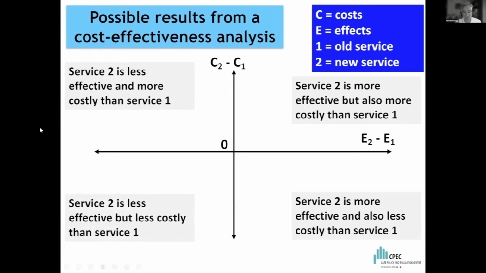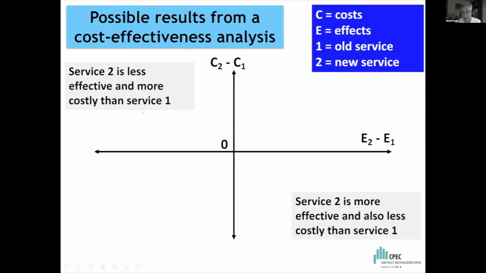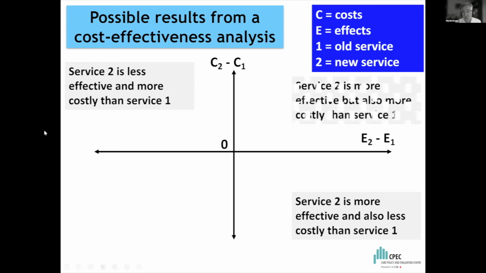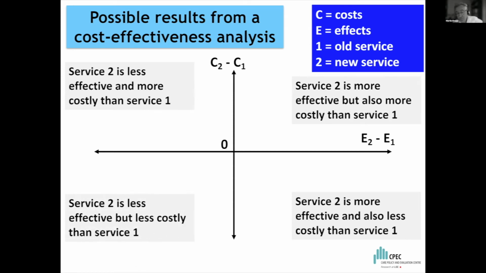And in the bottom left, the new service is less effective, but it's going to save us money. In the quadrants I showed you, the cost effectiveness finding is very easy. In the bottom right-hand corner, we recommend service 2; top left-hand corner, we recommend service 1. The challenge comes with the other two.